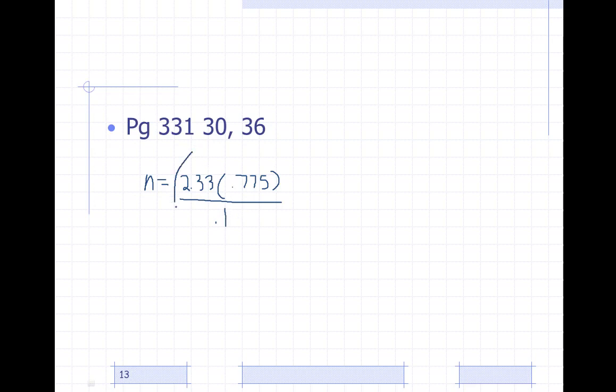But we have to square all this. So let me do the math. And I get 326. Well, it's 325.8, but I'm going to round that up to 326. So I would need 326 in my data set for that to work.